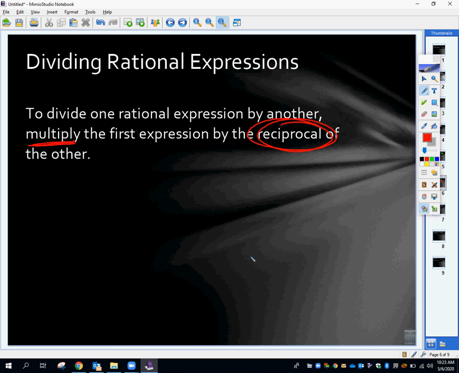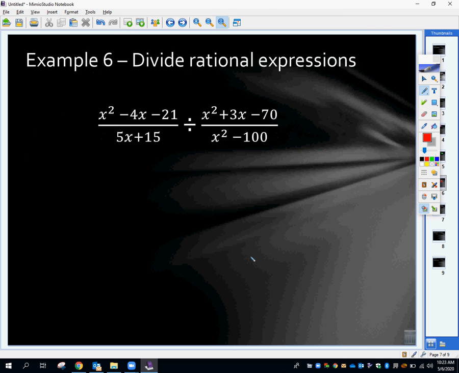So here's what that looks like. I have a division of two fractions. You may have heard keep, change, flip. That's what this is. I don't like keep, change, flip, so I like to say multiply by the reciprocal.